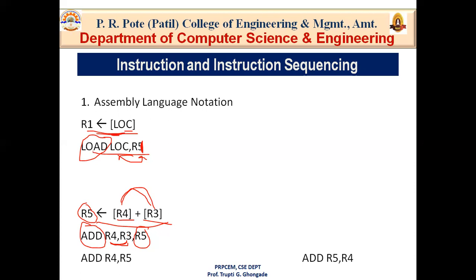To perform all these operations, the processor uses two phases. These two phases can be divided into multiple phases, which I will discuss in the pipelining concept. So what are the basic phases? The first one is fetch, and the other one is execute.